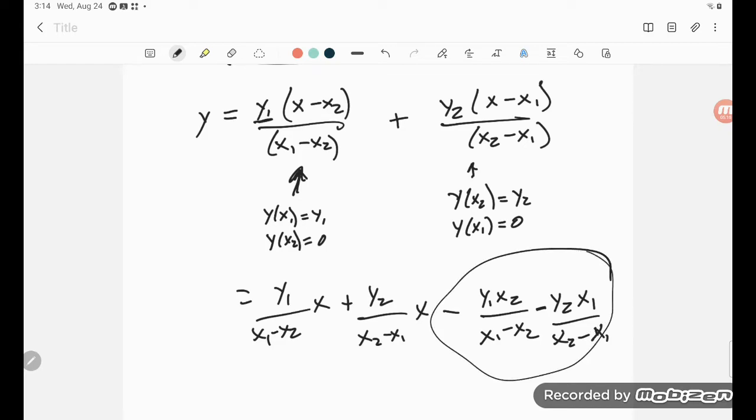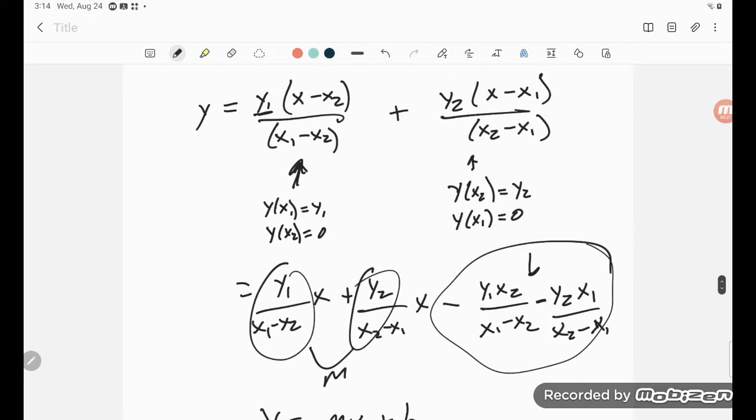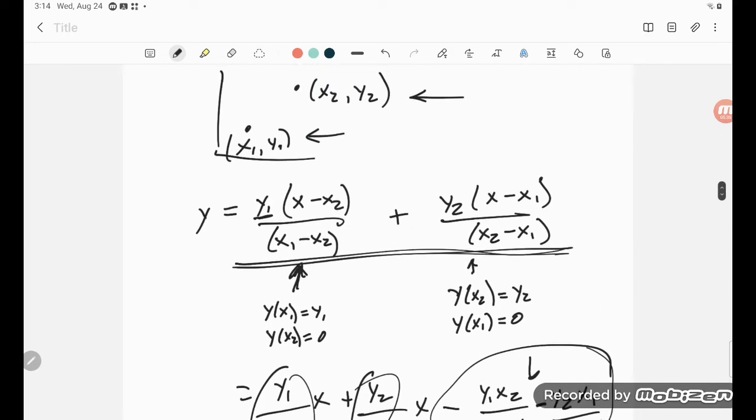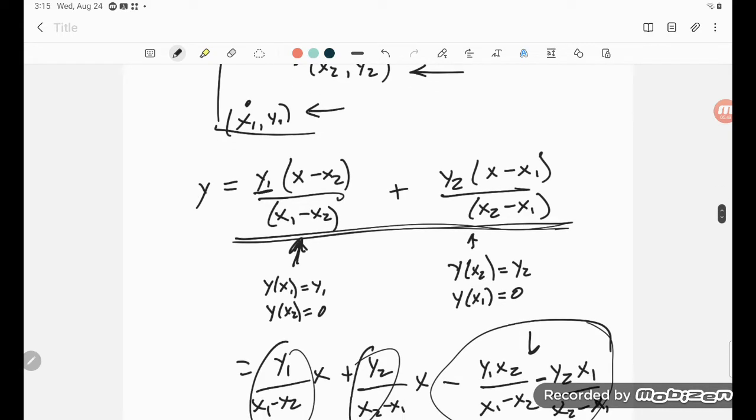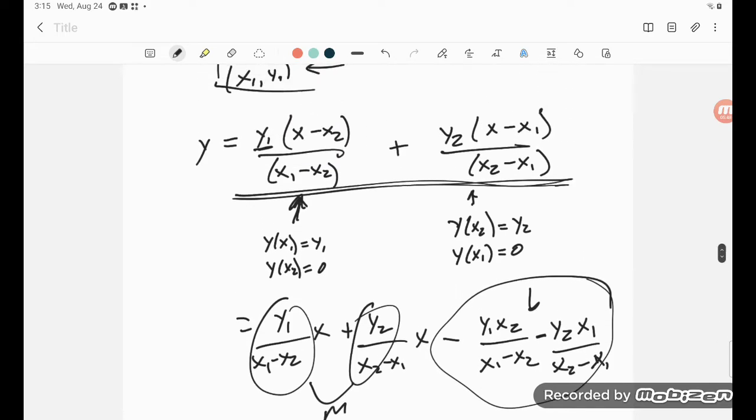If I call that whole constant part b, and pull out the x and put these together and call them m, you see I get y equals mx plus b. It is a straight line. And we know that a straight line through these 2 points is unique, and so that's the right straight line, and that's the idea.